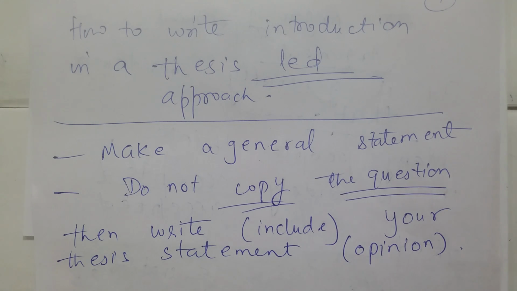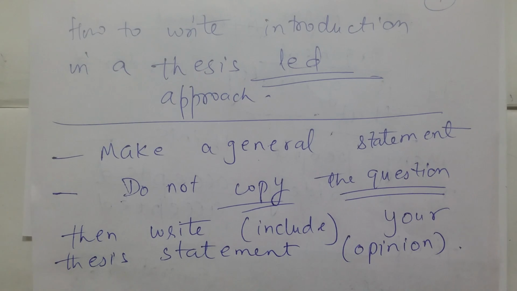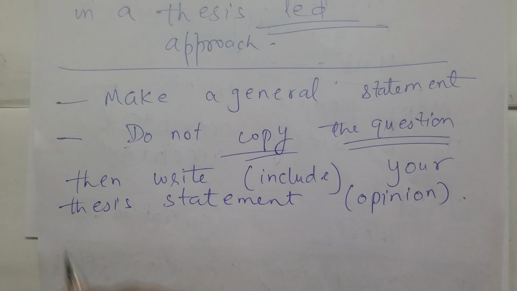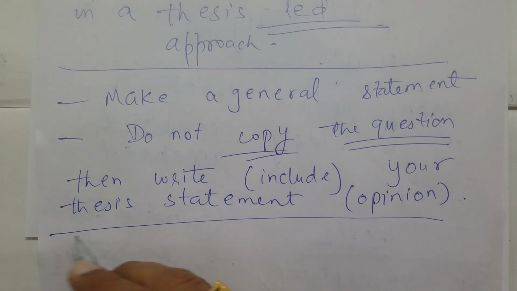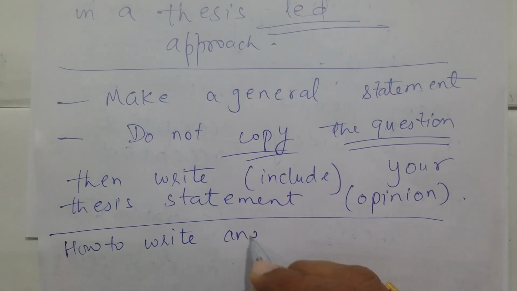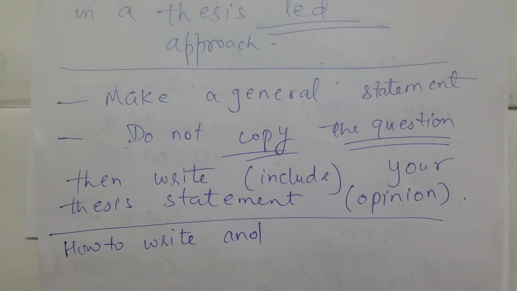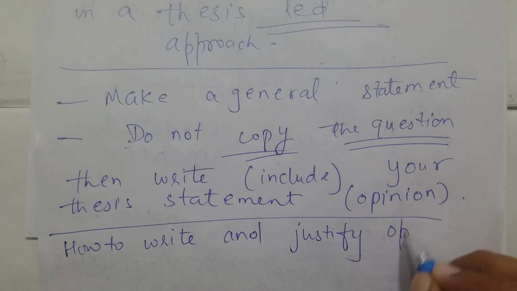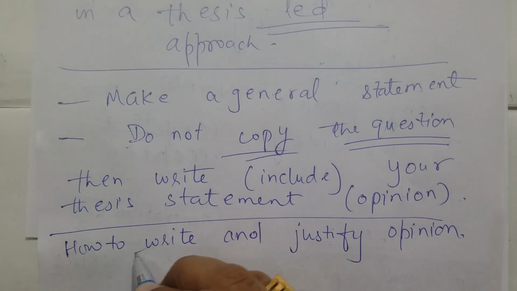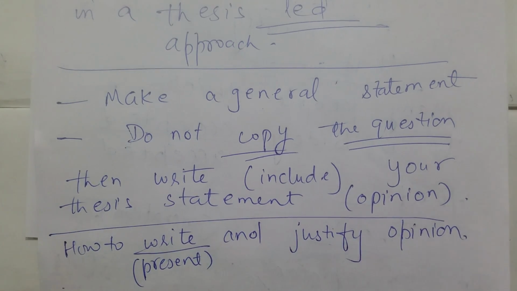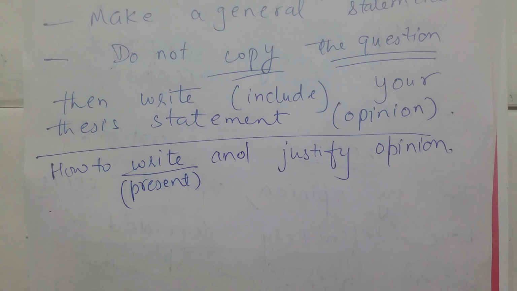And second thing here, how to write and justify your opinion. So this is the second heading. How to write and justify opinion, or we can say how to present.